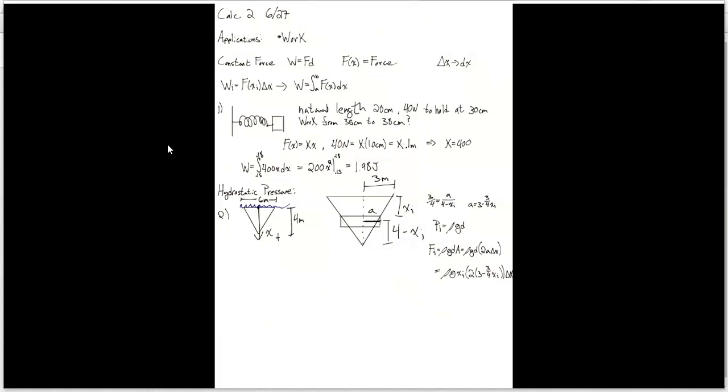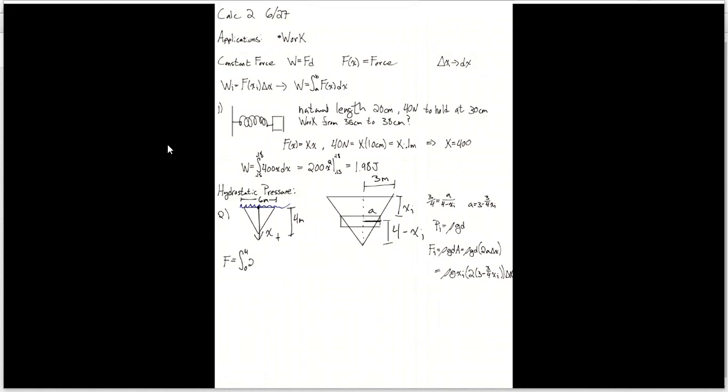So what we can do now is start writing out what our total force is, right? Because if we make these intervals smaller and smaller, we can actually take an integral, right? So go ahead and start writing that. We've got F equals the integral, and of course we're going to go from 0 to 4 because we need to go all the way down to the base of the triangle from the top.